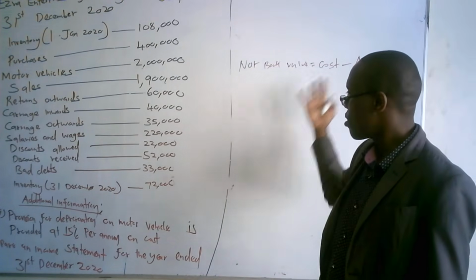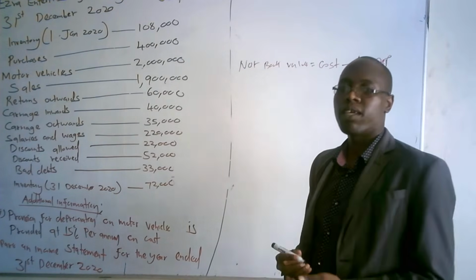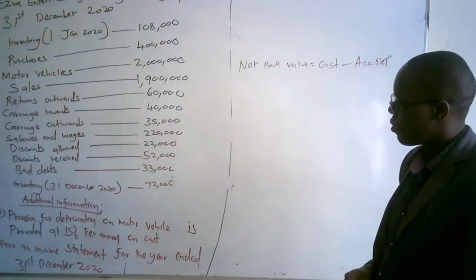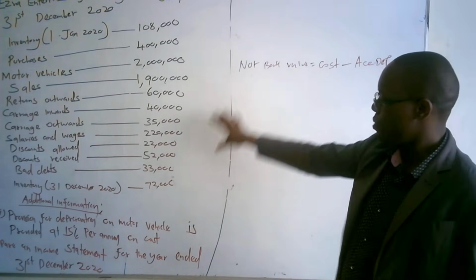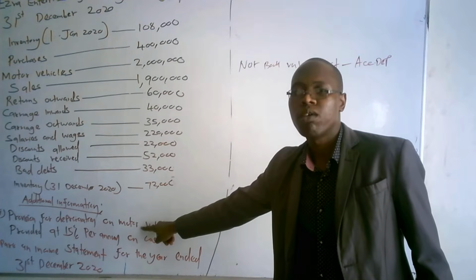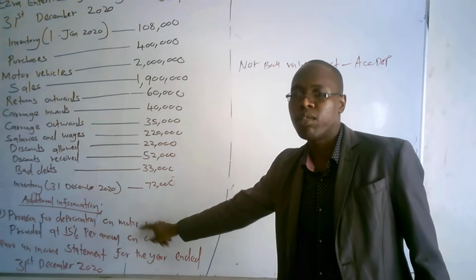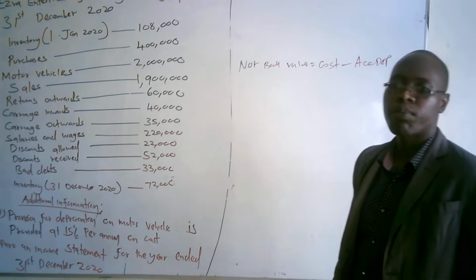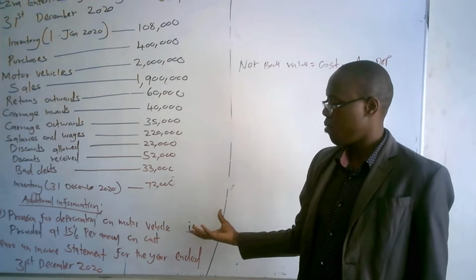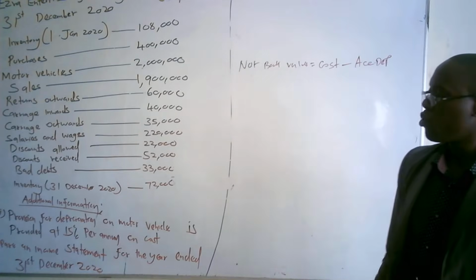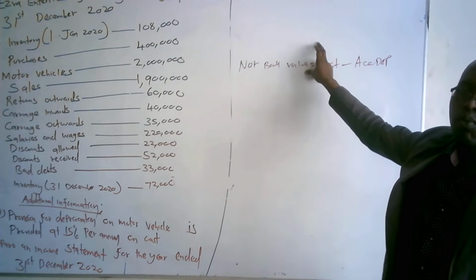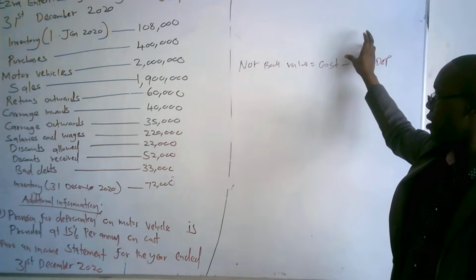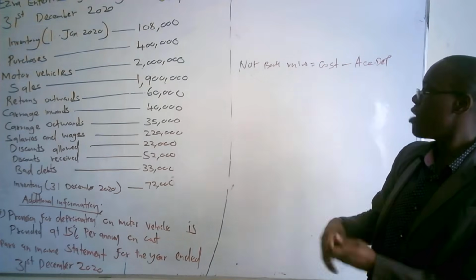But in this case we are not interested in the reducing balance method, because the depreciation here is on cost, not on net book value. Maybe in subsequent videos I can provide you a question that has the net book value.